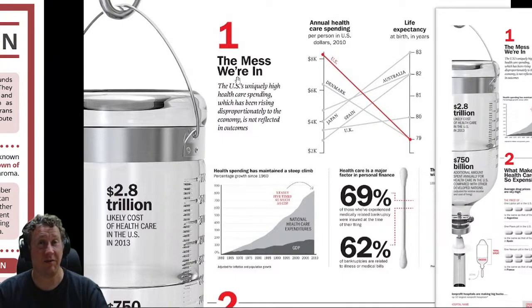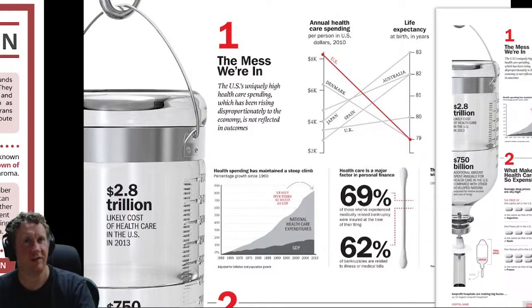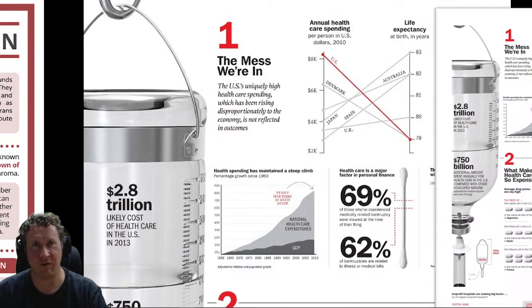Again, it's telling us the argument very clearly. Regardless of your opinion on the state of the U.S. healthcare system, this title is making an argument, and it's being pretty clear about where this is headed. If I'm talking about how amazing the American healthcare system is, I'm probably not going to start with the mess that we're in, right?